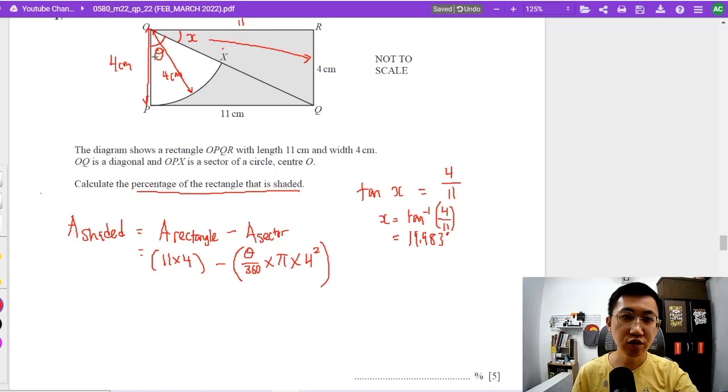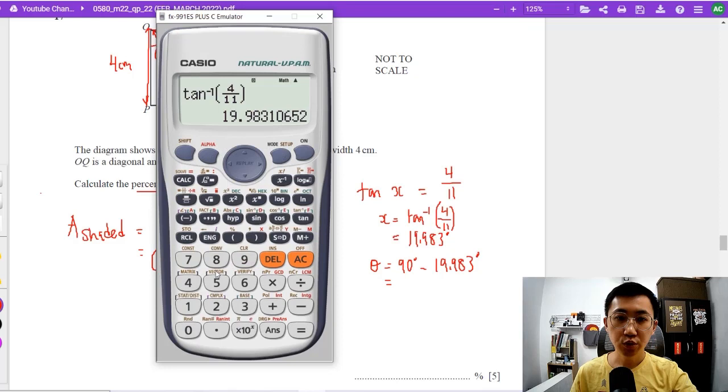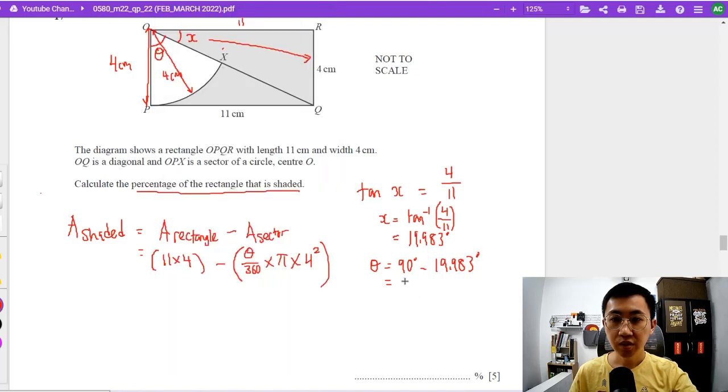So now we can find theta. Theta is 90 degree minus 19.983. Use 90 degree minus the answer just now, 70.017. That is our theta value.